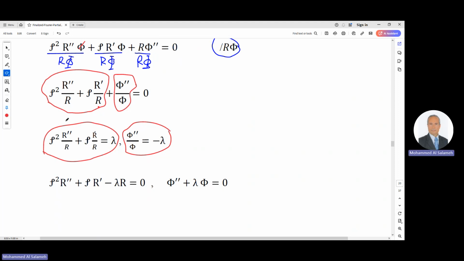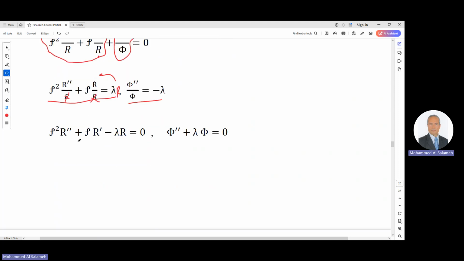Now, if you multiply the first equation by capital R, because we want to eliminate R in the denominator, R will cancel here, and here we'll have capital R. So it will be rho squared R double dash plus rho R dash minus lambda R equals 0. The second equation will be phi double dash plus lambda phi equal to 0.